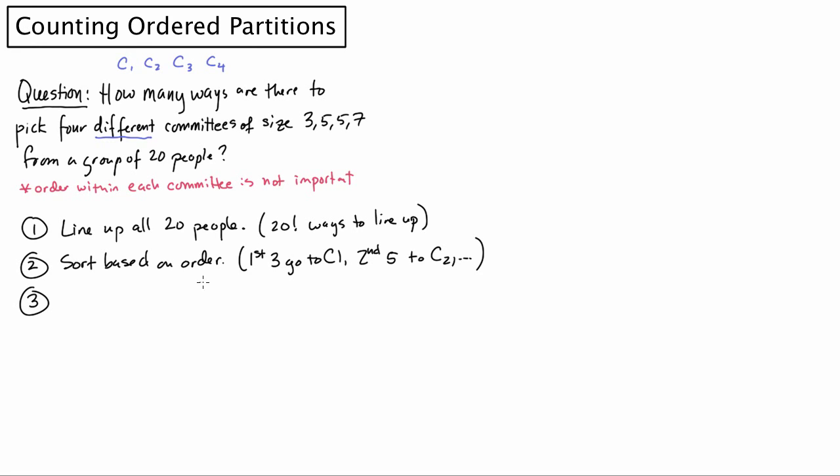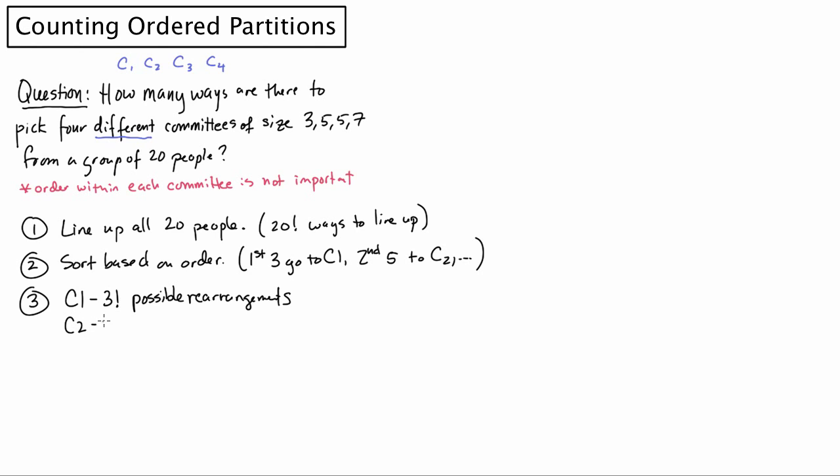So these 3 people that go to committee 1, how many people am I actually counting in this 20 factorial? Well, 20 factorial counts every possible way to line people up, and in particular, it rearranges those first 3 people 3 factorial times. So within committee 1, there are 3 factorial possible rearrangements just for the people I put in committee 1.